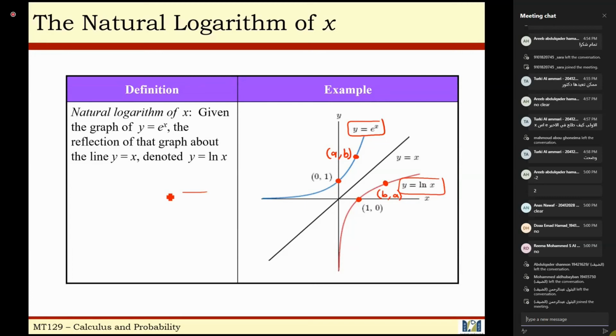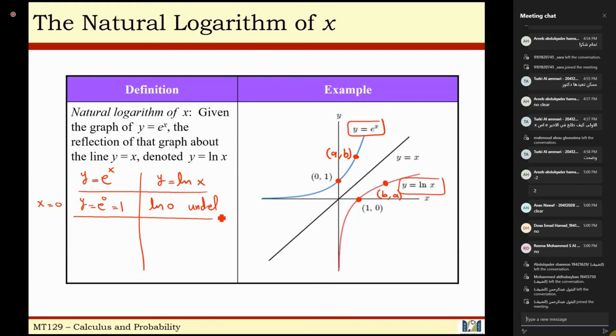For example, if we have y equal exponential function e to the power x, and y equal ln x, at x equal 0, y equal e to the power 0 equal 1, but ln 0 is undefined.